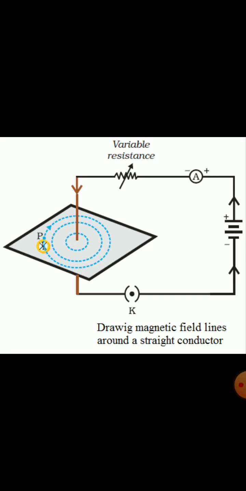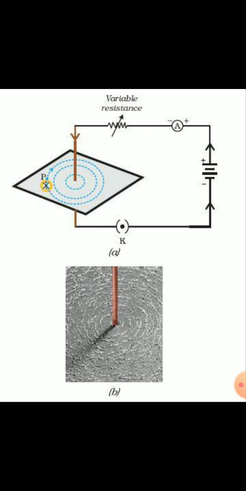If the distance between the compass and the copper wire increases, then the magnetic field decreases. Please keep this in mind. If the distance between the compass and the current carrying wire increases, then the magnetic field decreases, and as a result we will have bigger circles of magnetic fields.